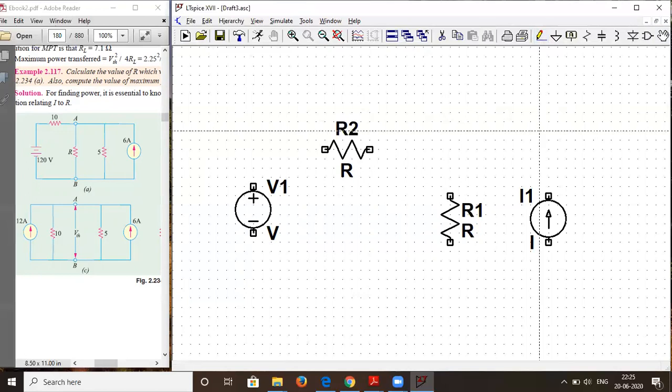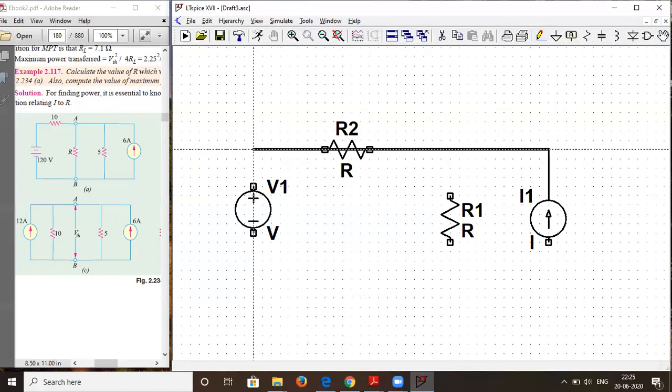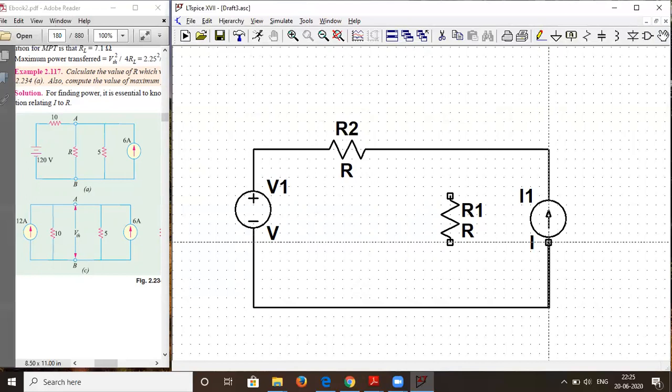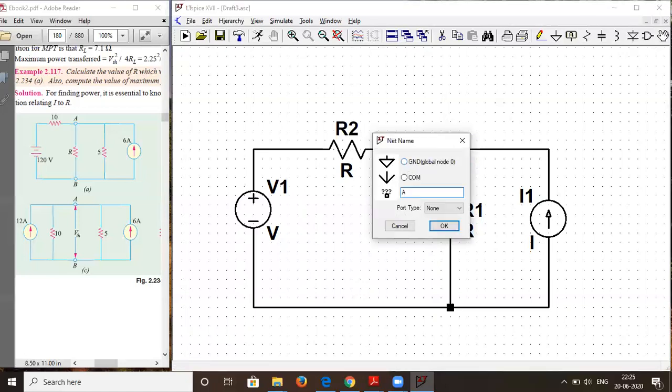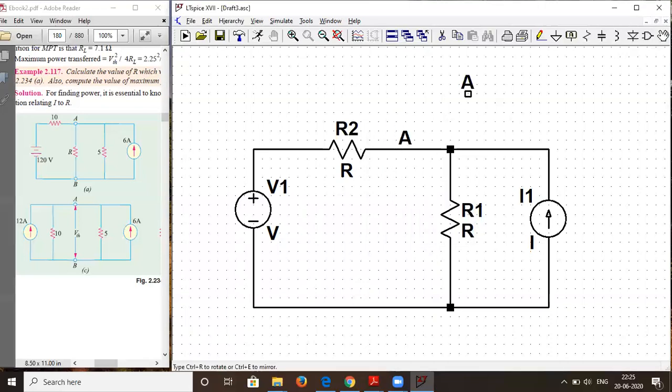Let me build the circuit first. So join the entire circuit with the wire, and we'll connect this resistor also. The circuit is mostly complete, but we need to compute the open circuit voltage. We will apply Thevenin's theorem here to calculate the voltage across A and B. Let me label them now.